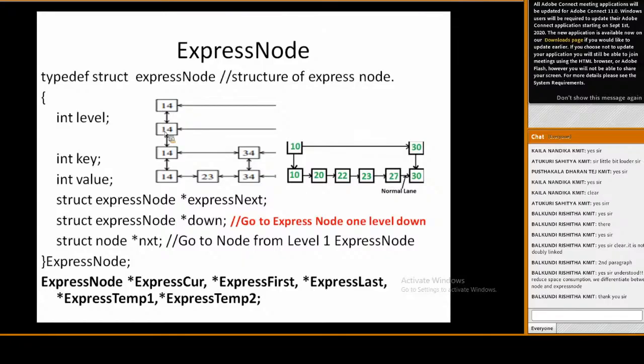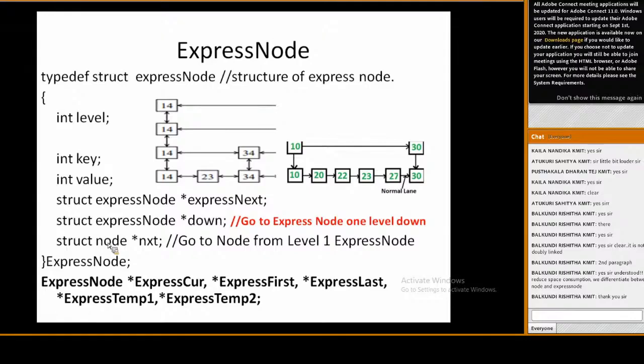I'm not coming to the main node, but to the express node. Are you getting my point? Therefore, the data type of this down is the express node data type, and the data type of next is your node type.